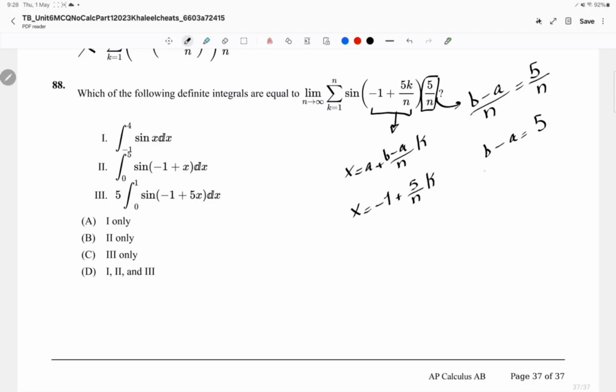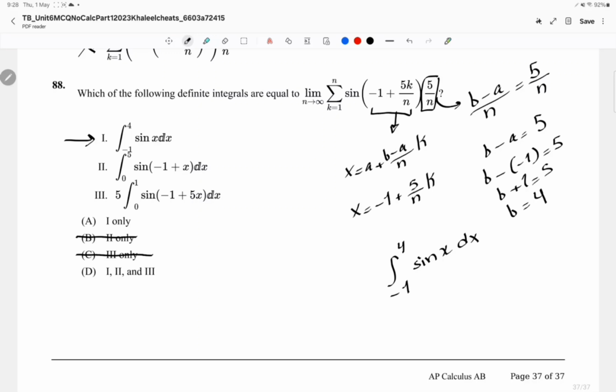So that means a is equal to negative 1, so b minus negative 1 is equal to 5. So b plus 1 is equal to 5. So b is equal to 4. So that means I can have my integral from negative 1 to 4, with sine of the x term dx, which means that choice 1 has to be correct. So it's not B and it's not C.